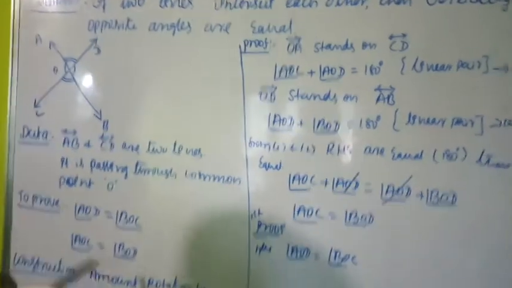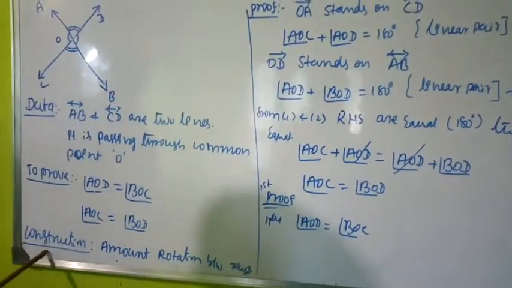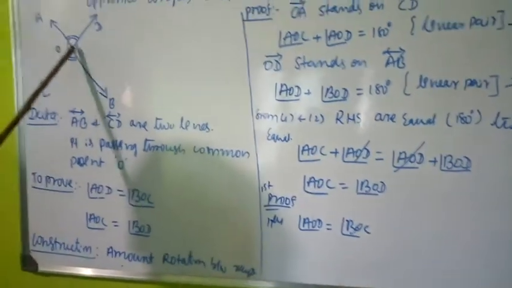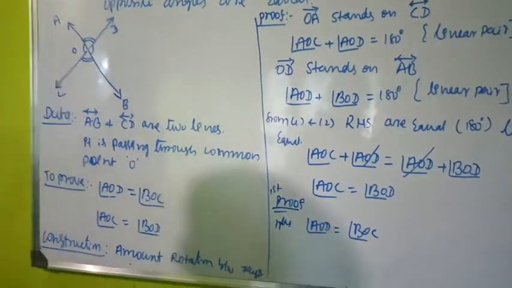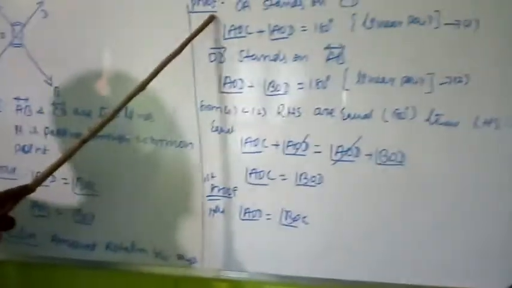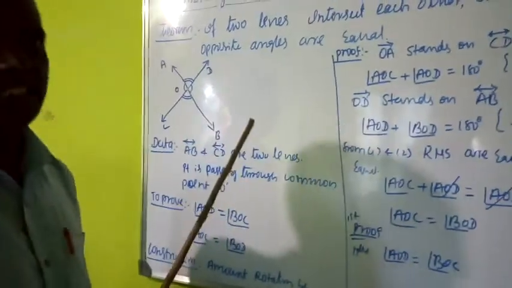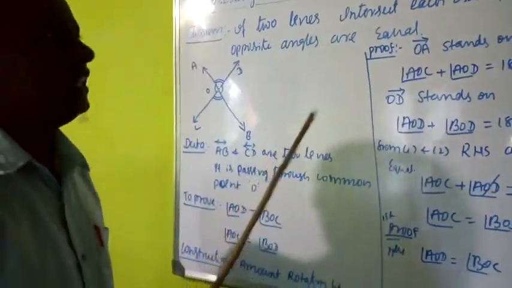For that, if you want to prove this, you should make a small construction here. This is the amount of rotation between the rays. Next, we want to make the proof. Already we know the concept of a ray standing on a line.